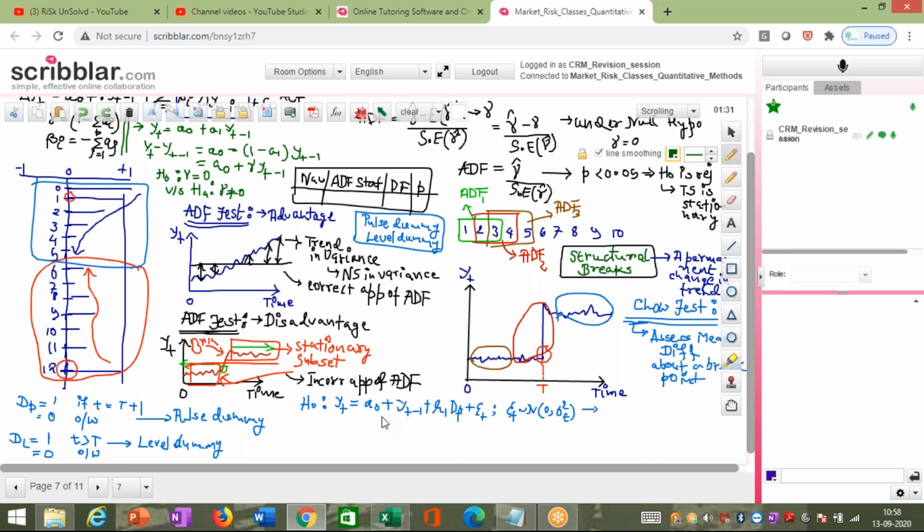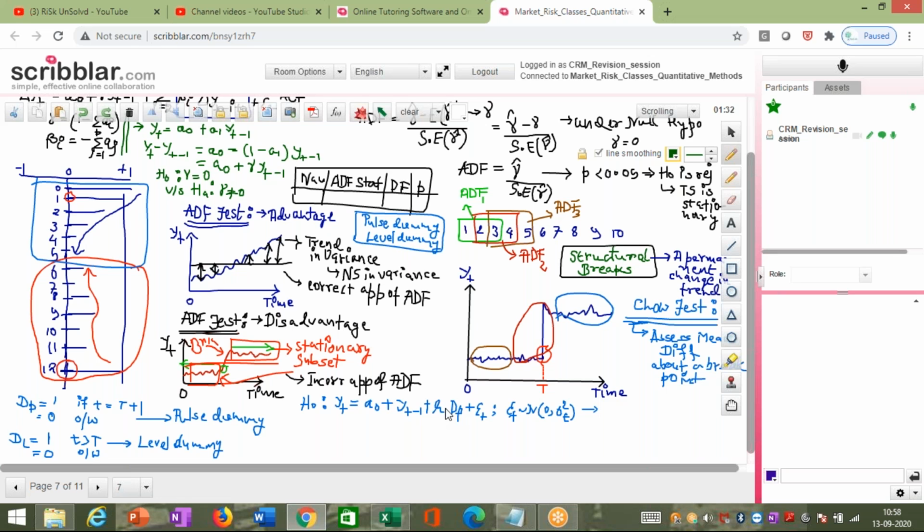So all it says is that if the DP is 0, then mu1 DP will be 0. So let's say DP is 0 means it is before T. And if I accept this null hypothesis, it means that the time series was already non-stationary before the structural break.